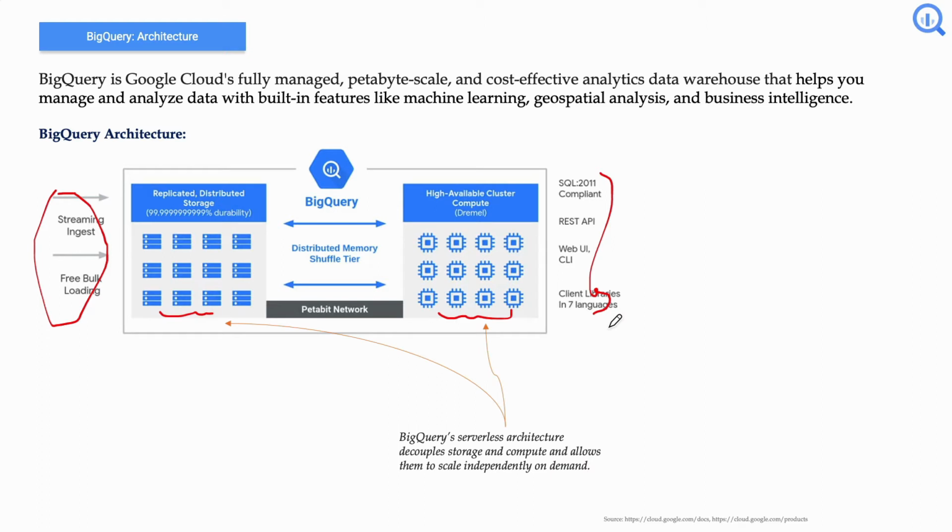The serverless architecture, which decouples storage and compute, allows you to scale independently on demand. So you're not paying for compute while you are just storing the data. You pay for compute only when you are actually running a query against it.